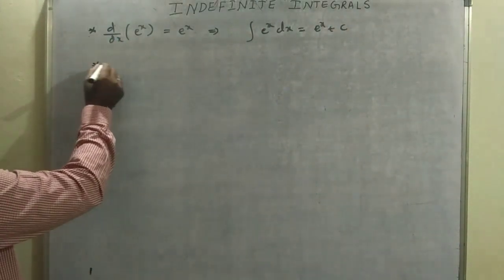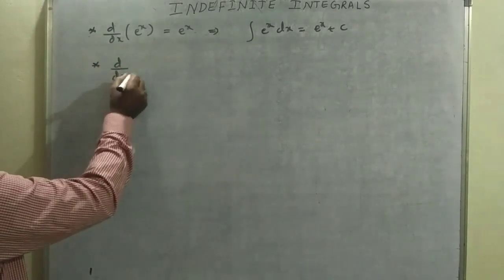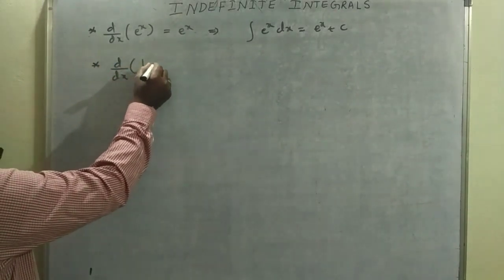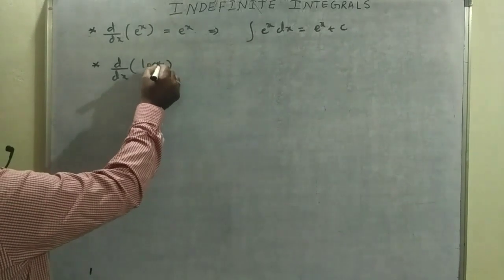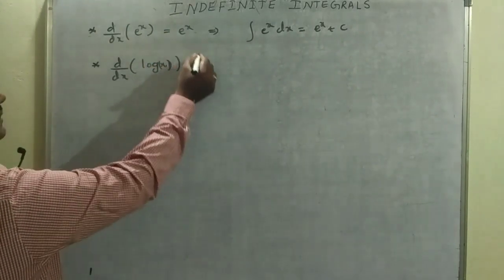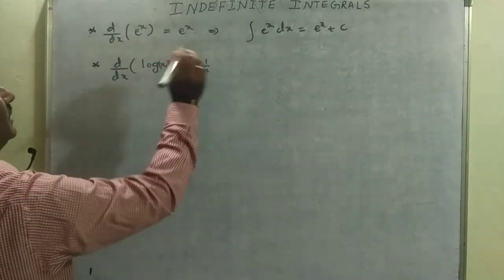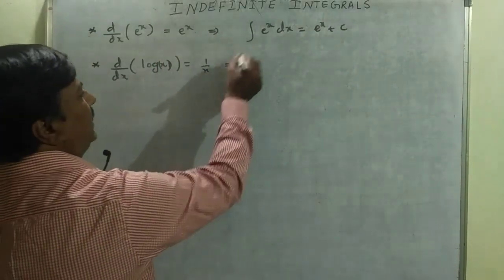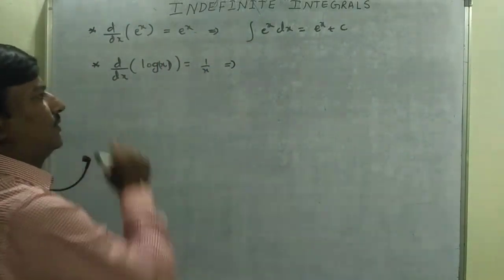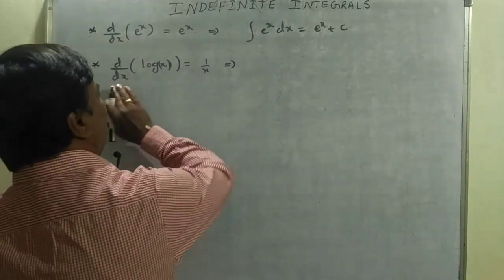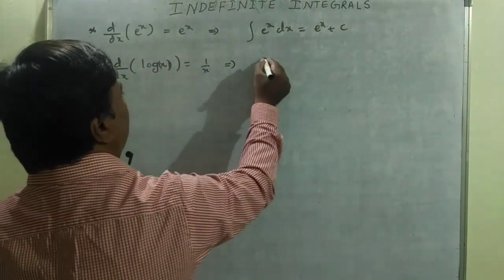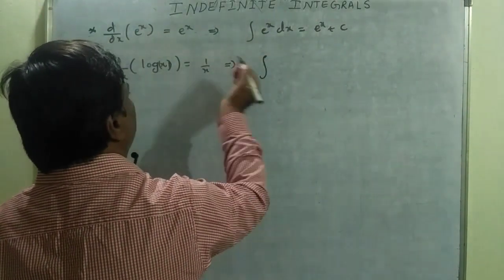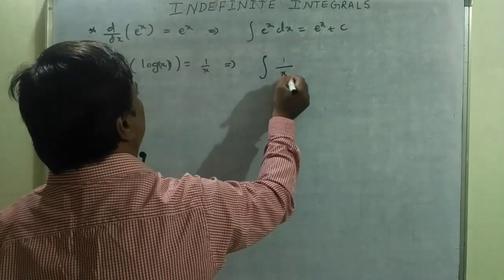Next, d by dx of log mod x is equal to 1 by x. Integration is a reverse process of differentiation, so the derivative moved to the right side becomes integration.